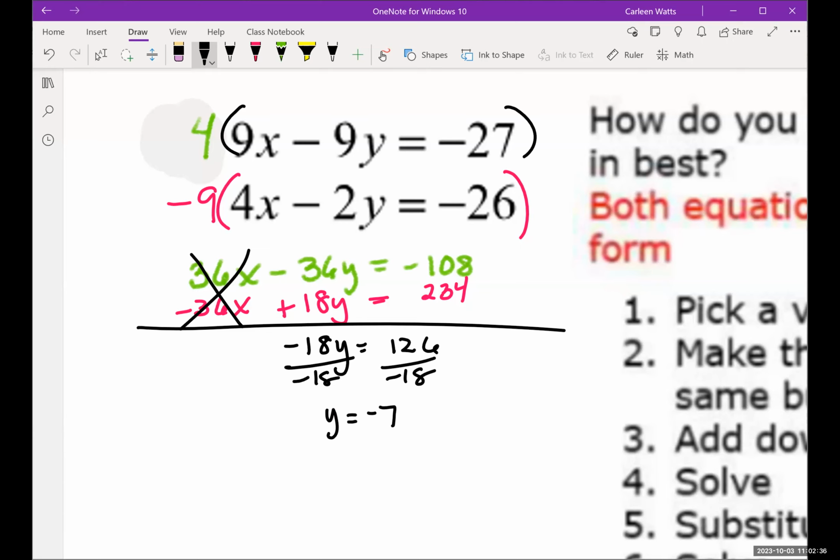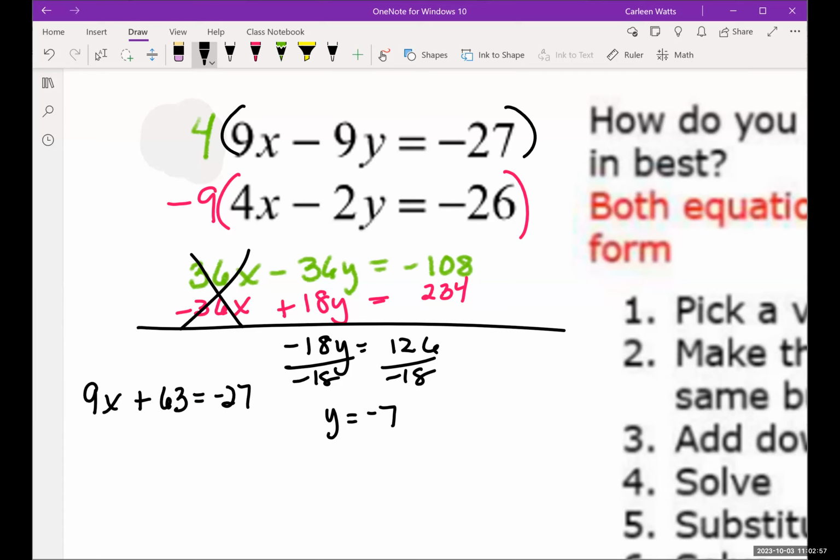Okay. Now I'm going to plug in 9x minus 9 times negative 7 plus 63 equals negative 27. Diego, did you like that shortcut that I just did, the negative 9 times negative 7 in my head?